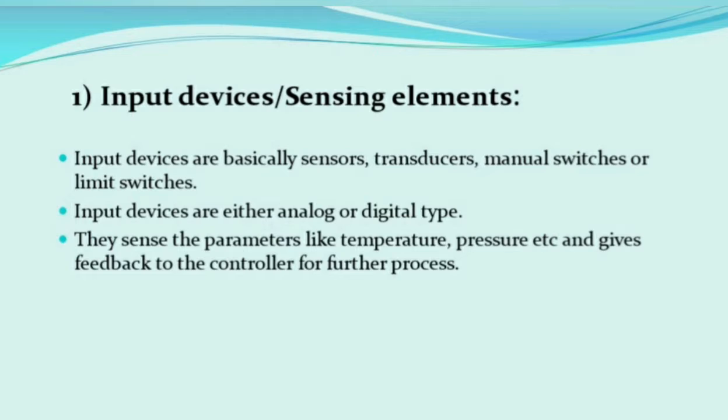Basically, sensors, transducers, manual switches or limit switches are used as input devices to the PLC. Input devices are either analog or digital type. The function of input devices is to provide input data to the PLC for further controlling action.